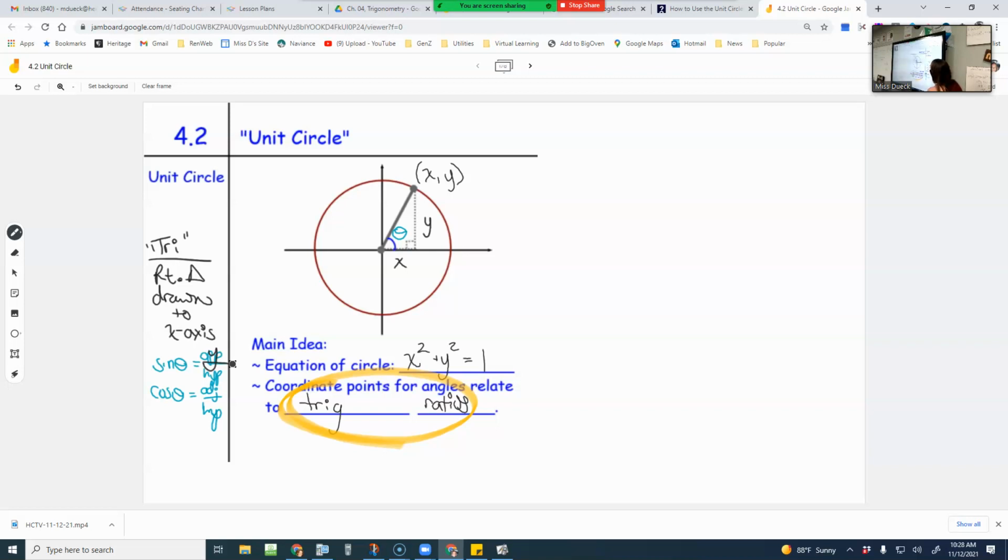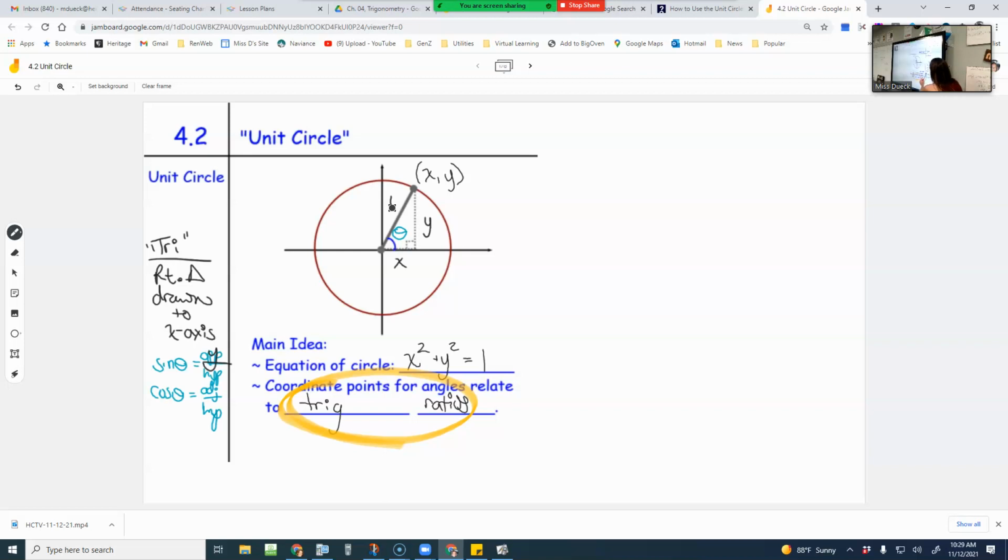It was r squared, for radius. So if there's a 1 in the r squared spot, what does it represent? What is the radius in a unit circle? 1. It is the most basic circle with a radius of 1.